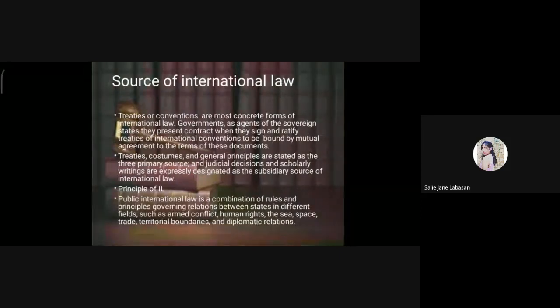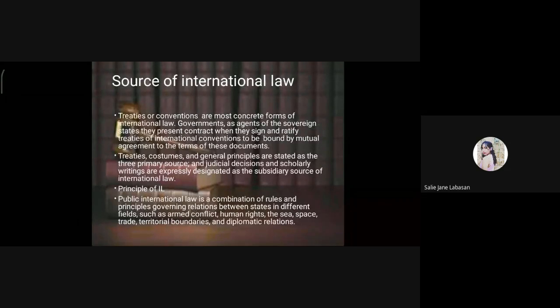So, for example, in a nation-to-nation convention, they agree on what they have understood there. The signature is proof that the nation agrees to the policy or rules.